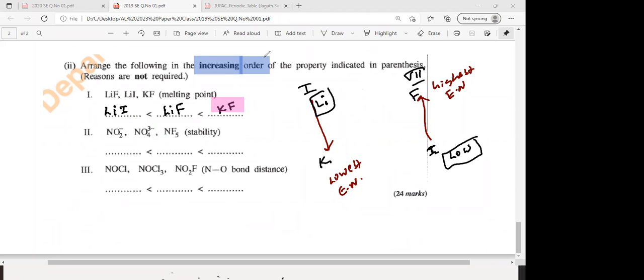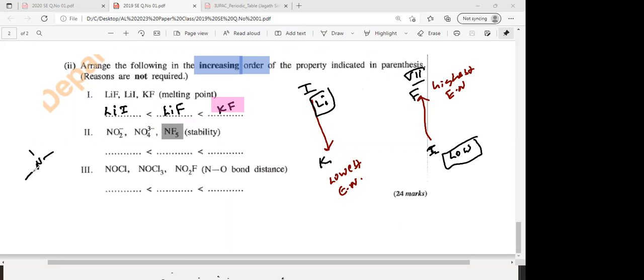Part 2. Stability of these ions. What is the most stable out of these? Usually nitrogen NF5. Can nitrogen form 5 bonds?